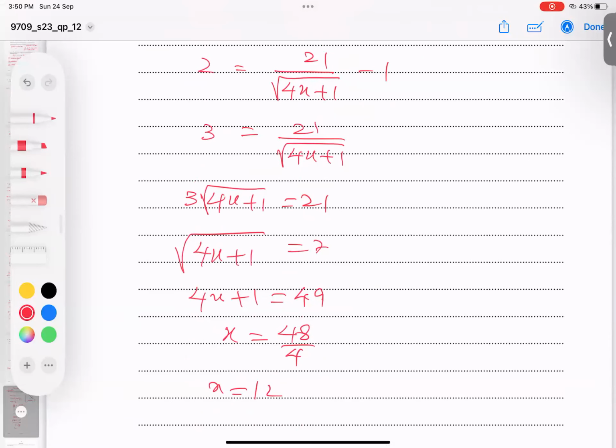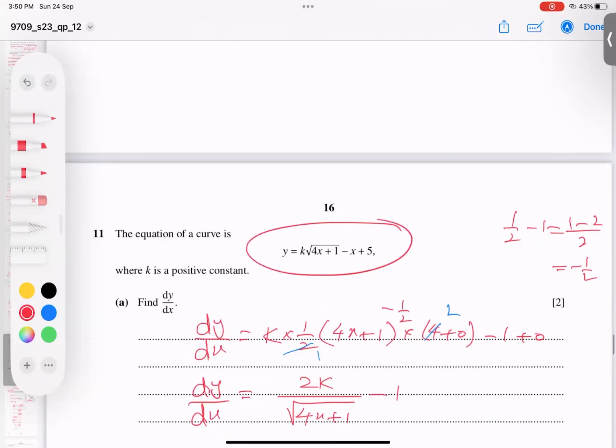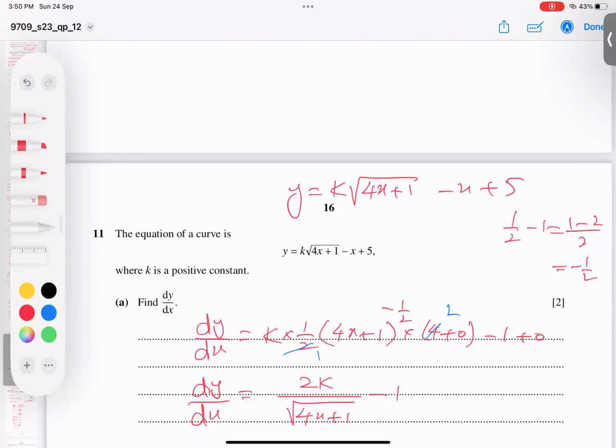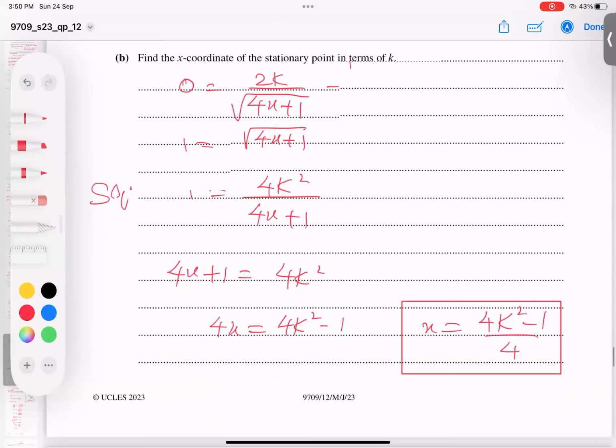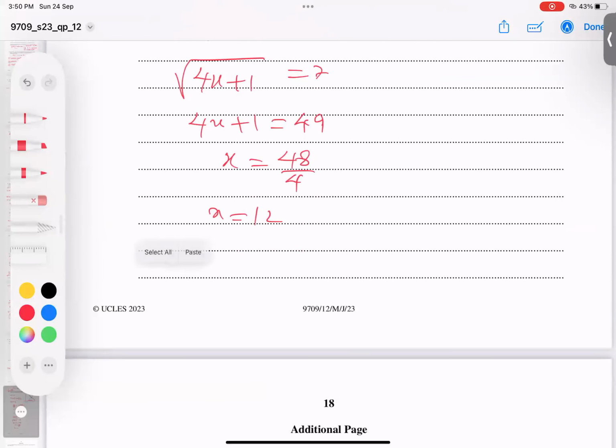If the x value is 12, students, it is very clear. It means that I got an x value of 12, y is missing, and that y value I plug into the top equation here. So y is equal to k times 2 root of 4x plus 1 minus x plus 5. This equation I need to use, because I'm looking for the y coordinate.